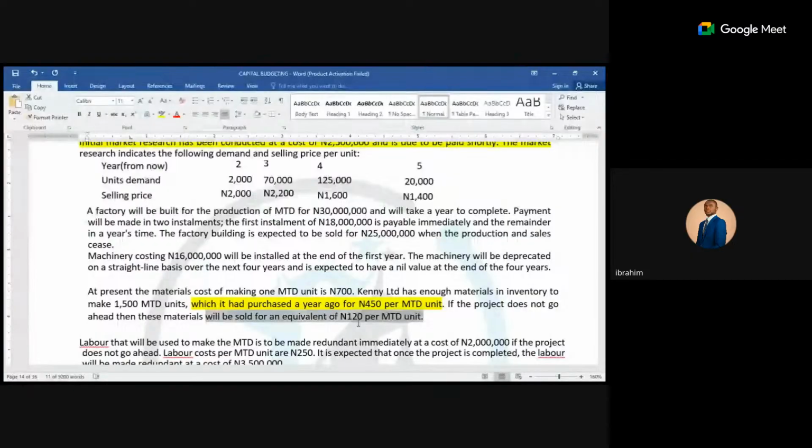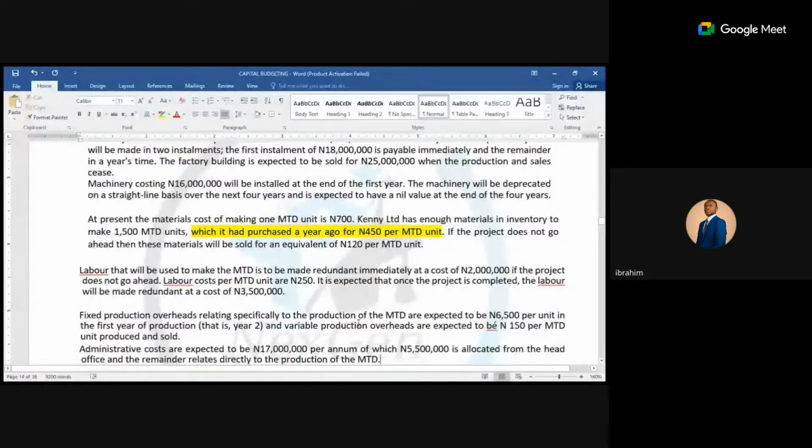The value at which they forwent, we have to add it to the cost, because we would have made 120 times 1,500 from the sales. But because they've already built the production and want to go into the project. Do you understand? Okay, thank you.